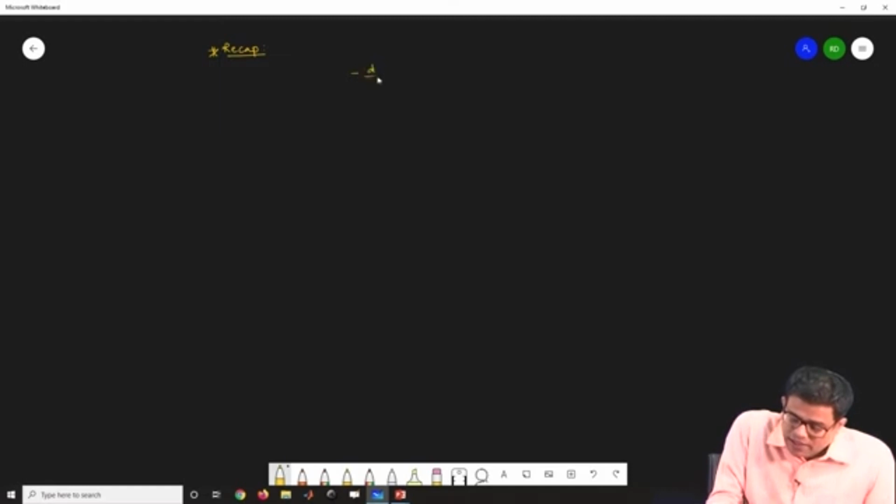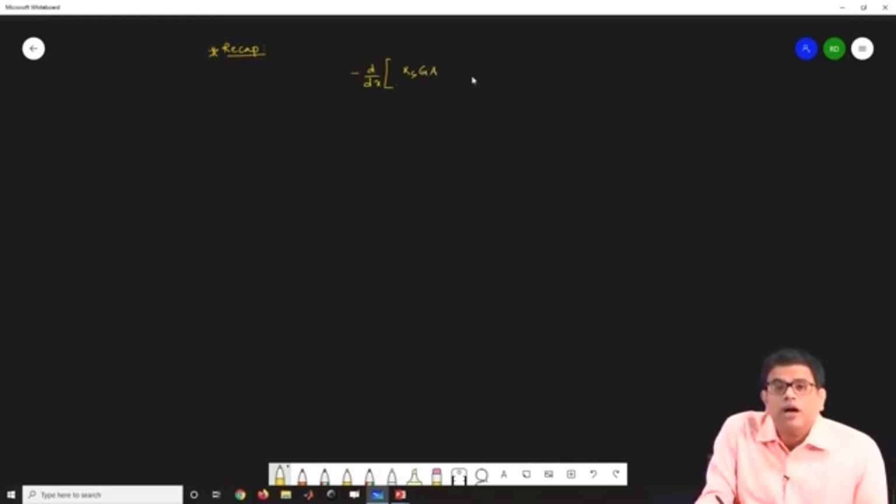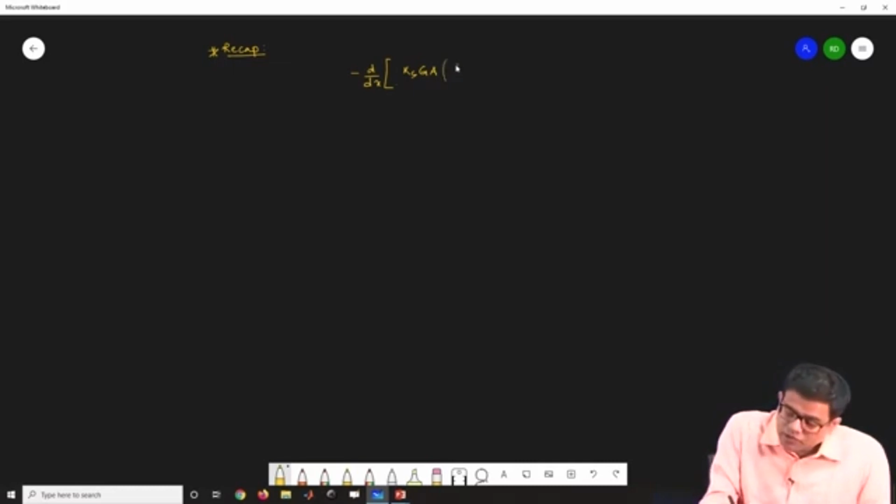That is d/dx of kappa s, the shear correction factor, which comes from the equilibrium, since the shear is parabolic as we have discussed earlier, times dw dx plus theta, where theta is my slope.